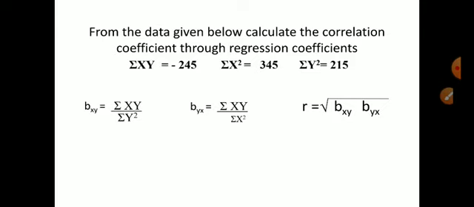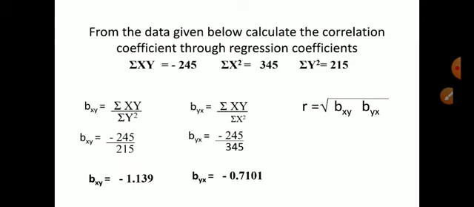Bxy is minus 245 divided by 215, that is minus 1.139, you will get as bxy. And similarly byx is minus 245 divided by 345, that is you'll get byx as minus 0.7107.